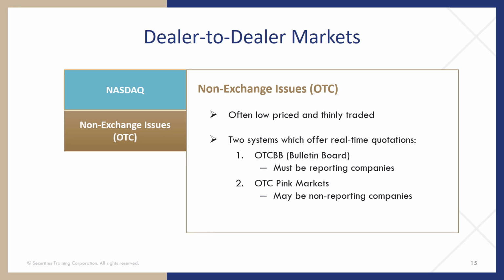Here's kind of the way it works. Let's assume you contact your customer, you contact your brokerage firm and say, I'd like to buy 1,000 shares of Nintendo stock, which is a Japanese company. That Japanese company, for a variety of reasons, does not trade or is listed on any U.S. exchange.